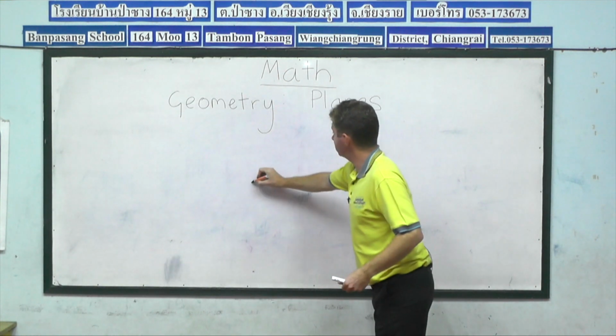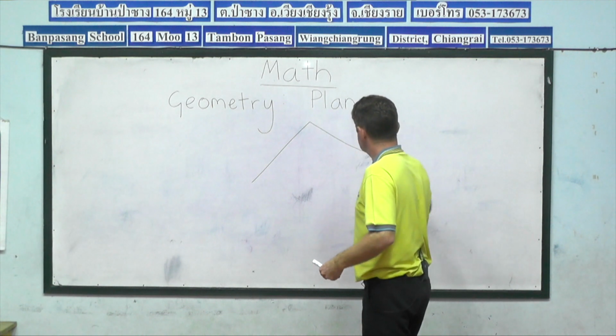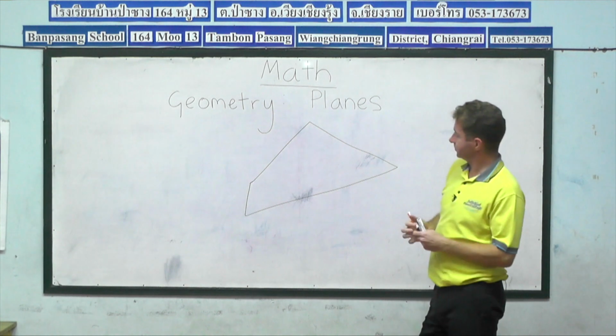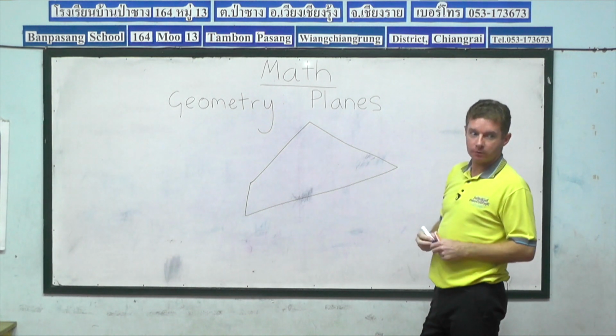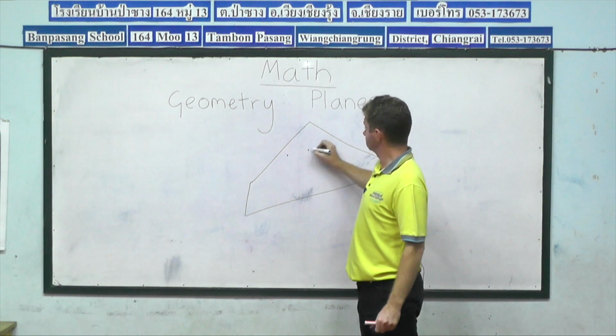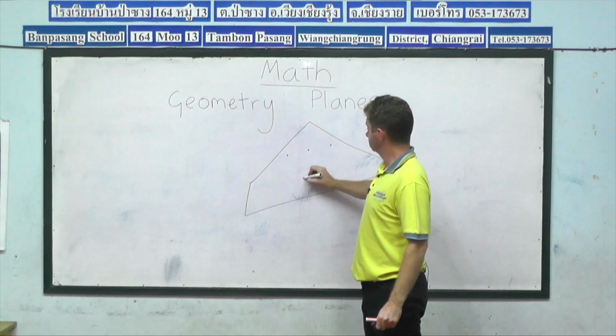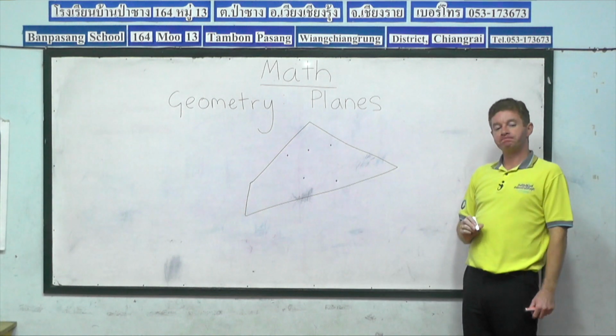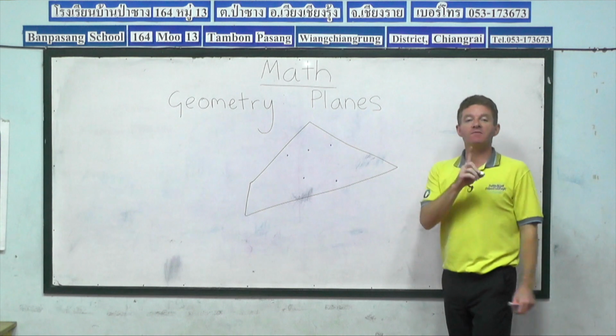Okay, so let's see, this plane can look like this. Now this time we're going to have more points. 5 points, okay. What shall our points be called? How about this time we give our points numbers?